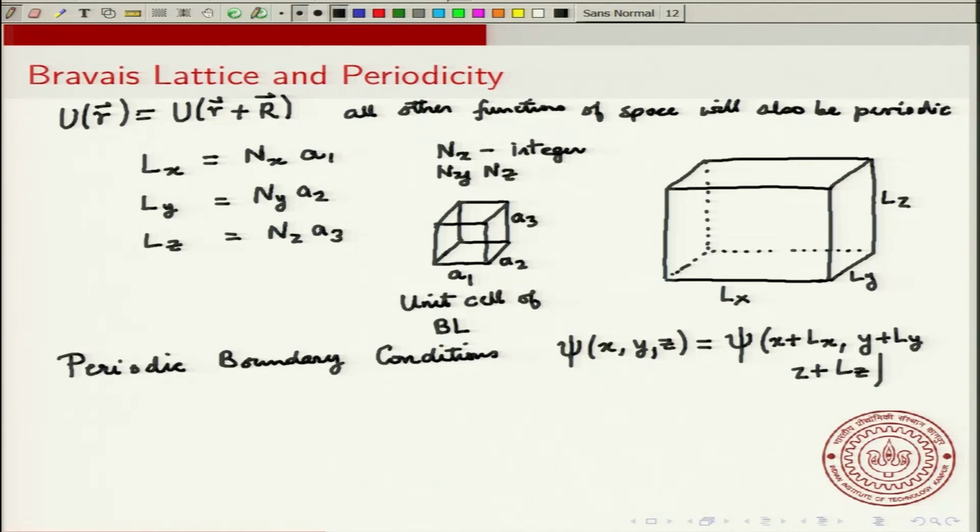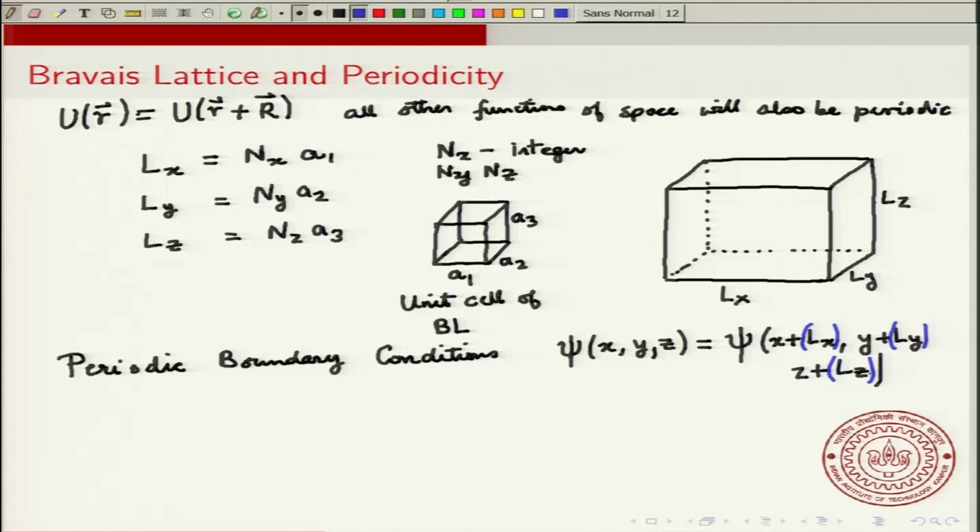You can do one or two. In all the directions there is periodicity. So you might just take x plus Lx, or you might just take y plus Ly, or you might just take z plus Lz, and keep the others the same.